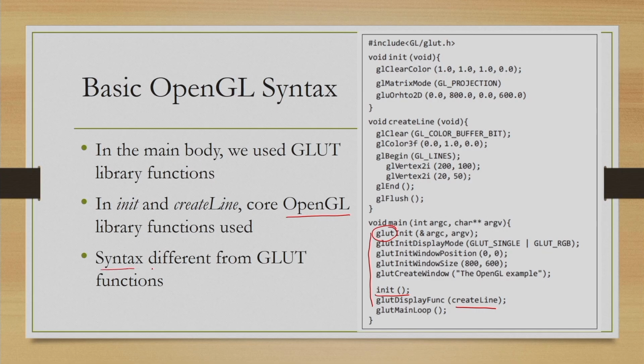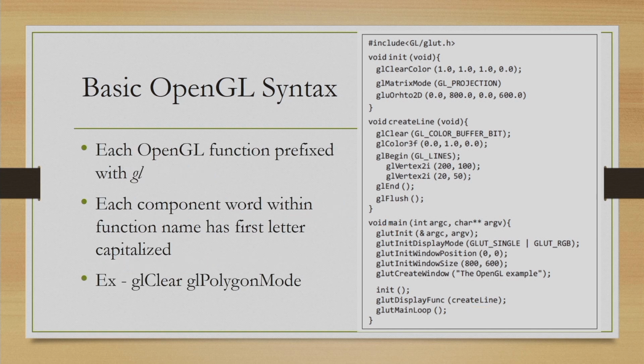Accordingly, their syntax is different. Each OpenGL function is prefixed with GL, as we can see in this function init as well as in this create line function. So, here each function is starting with this prefix GL.